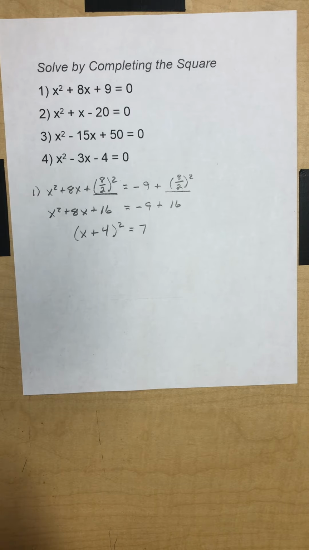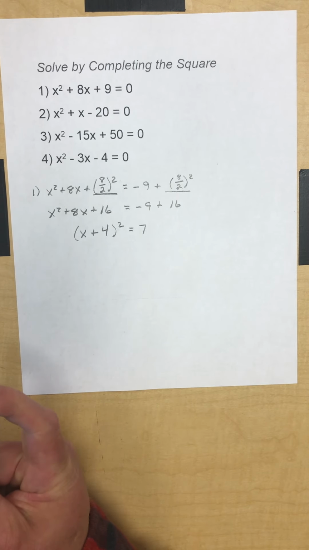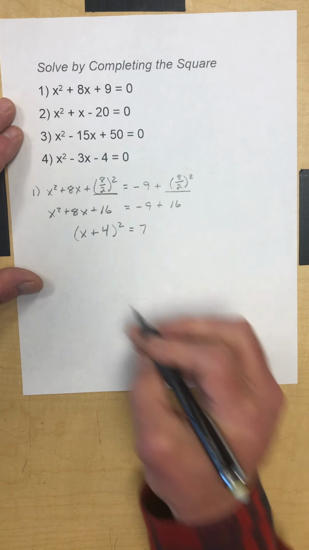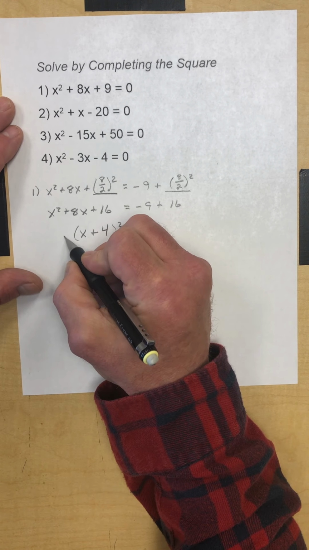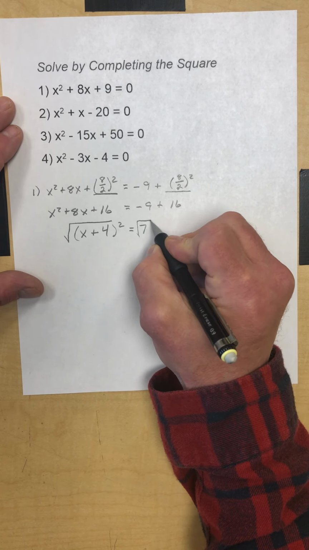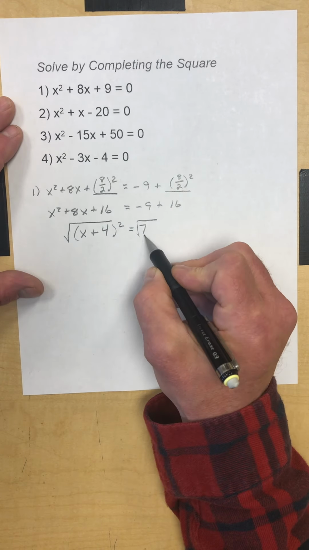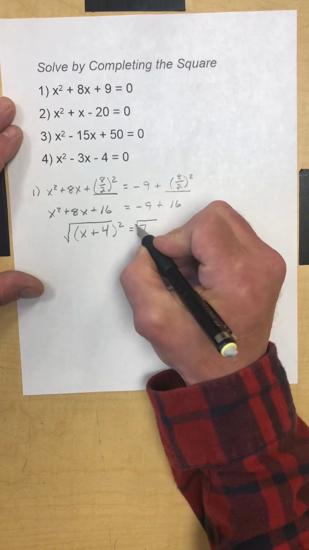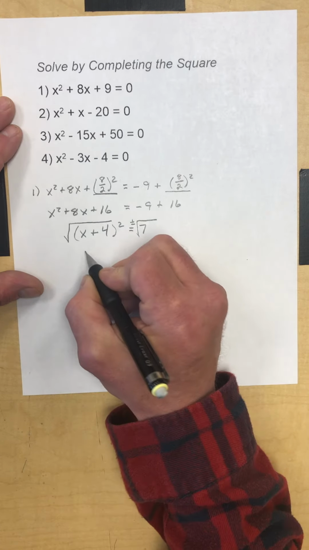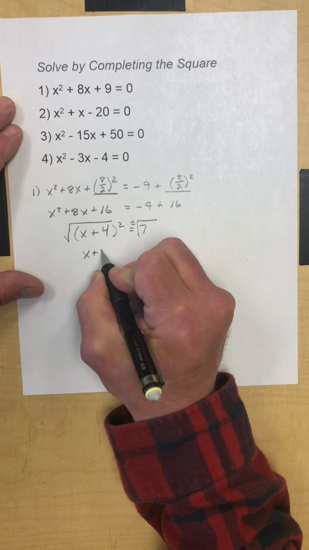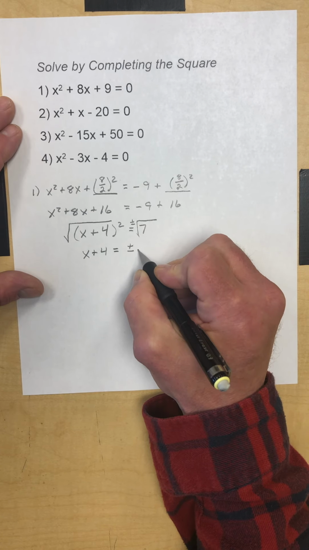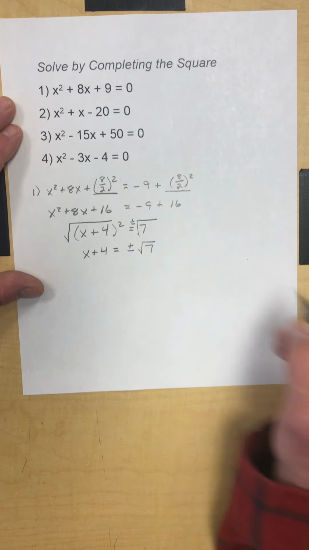Now notice we have a perfect square on the left-hand side, which means I can take the square root. If I take the square root of the left-hand side, I have to take the square root of the right-hand side. But remember, every number has two square roots, so that's plus or minus. So x plus 4 has to be equal to either plus or minus radical 7.